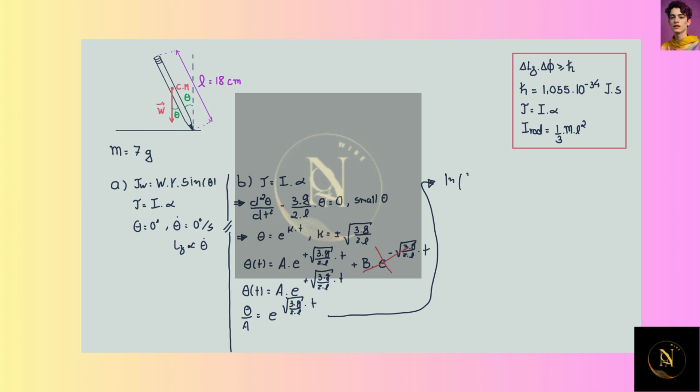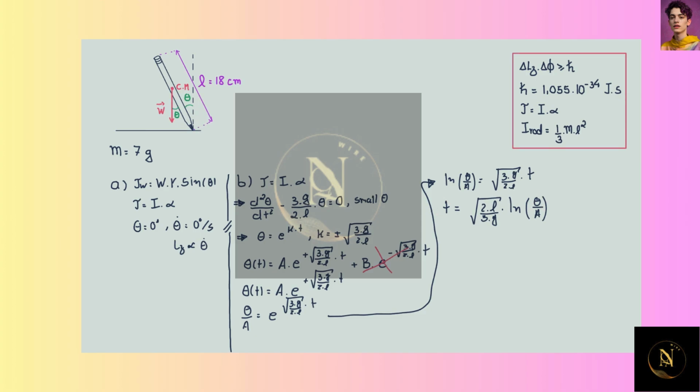The logarithm of theta over a is equal to the square root of 3 times g divided by 2 times L times t. Then send this term to the other side dividing. Then we get the following. t is equal to the square root of 2 times L divided by 3 times g times the logarithm of theta divided by a. This equation tells us that when the angle is theta, the time is t.